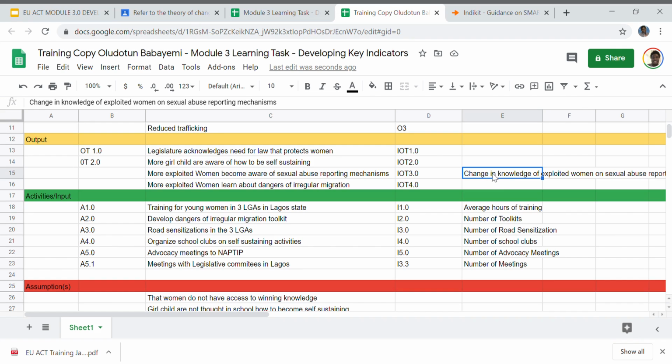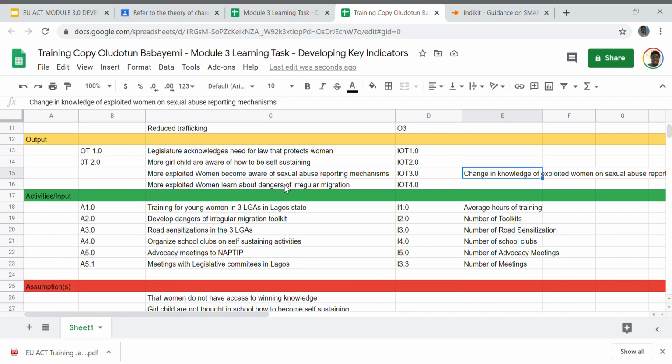I could say, change in knowledge of exploited women versus women within our activity, or that attended our trainings, right? That could be it.